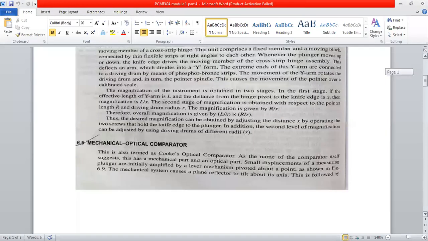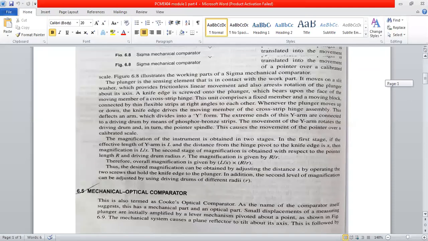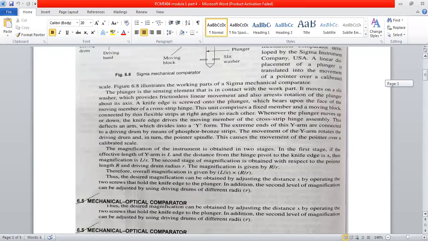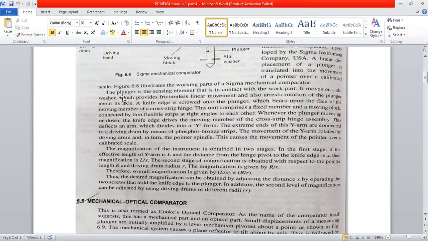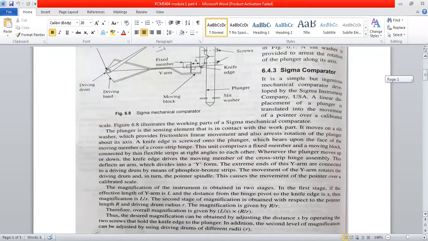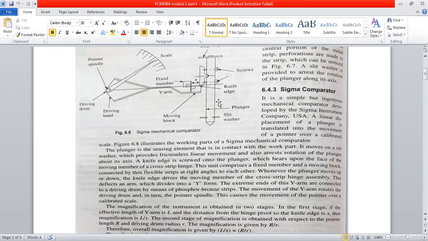Therefore, the overall magnification can be calculated from this instrument, this comparator. So this is the working principle. The plunger is the sensing element that is in contact with the workpiece. We have already said the moving block is in contact with the plunger.